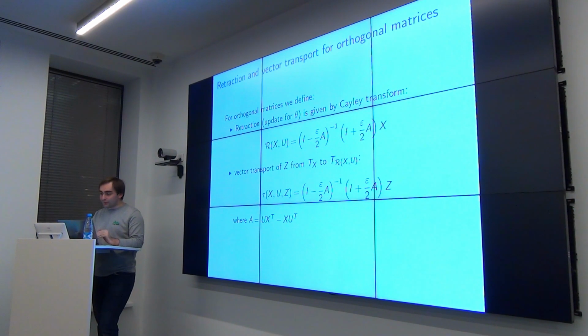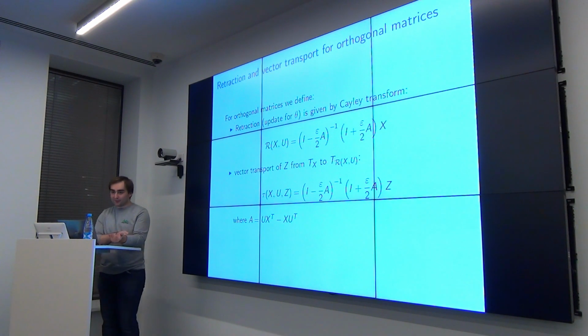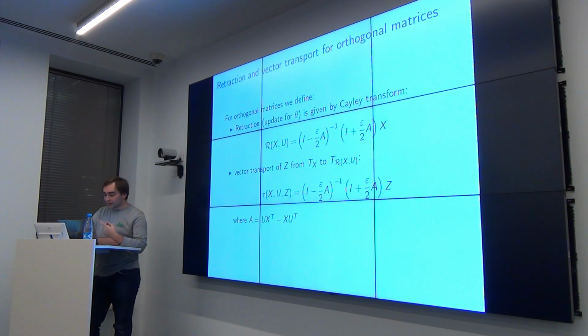Imagine that you move these points slowly in the direction where their velocities point. The velocities are rotated in the same way. They are perpendicular to the points, to the columns of X, but they are rotated in the same way. For example, if you move along the circle.